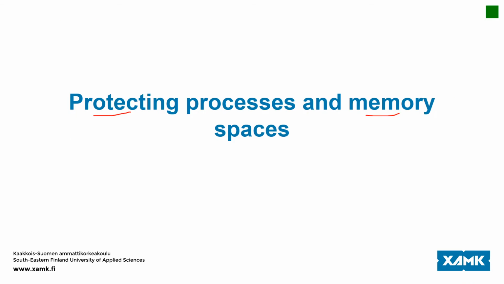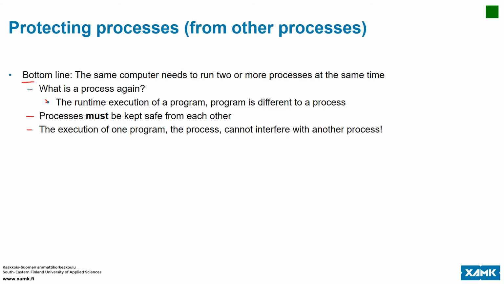All of that about paging is basically just the fundamentals of how memory segmentation works. And why we have pages, well, that has to do with protecting processes and their memory spaces. The bottom line with this is that the same computer needs to be able to run two or more processes at the same time.